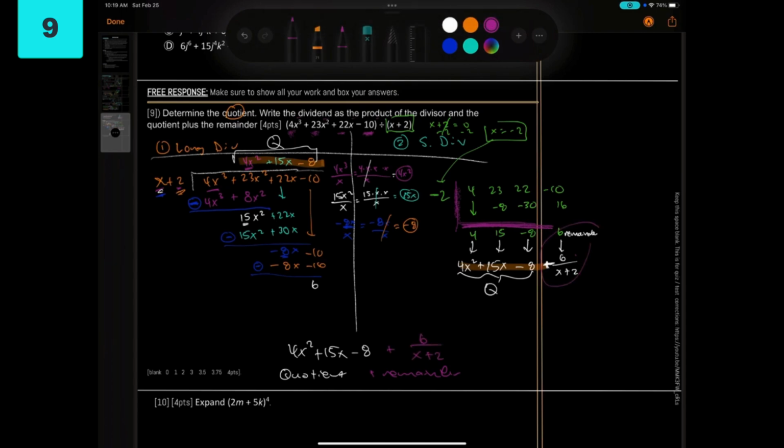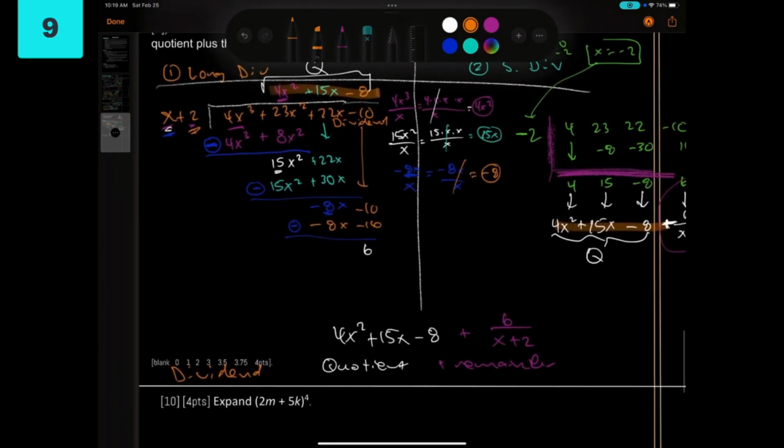So write the dividend. I forgot to write the dividend, which is the inside. Dividend is in orange. That is 4x to the third plus 23x squared plus 22x minus 10.